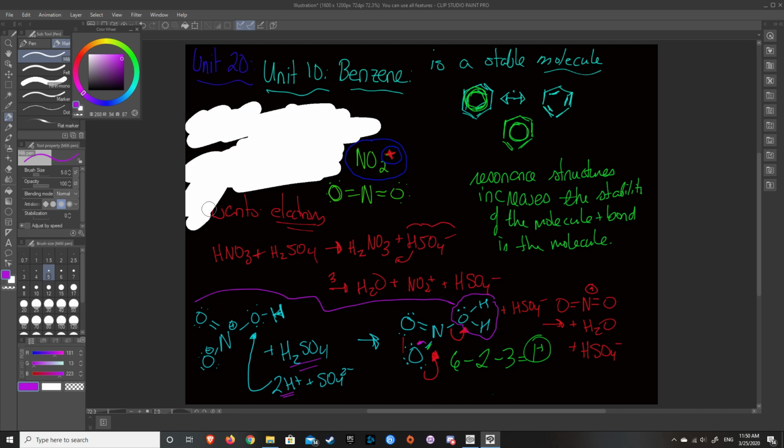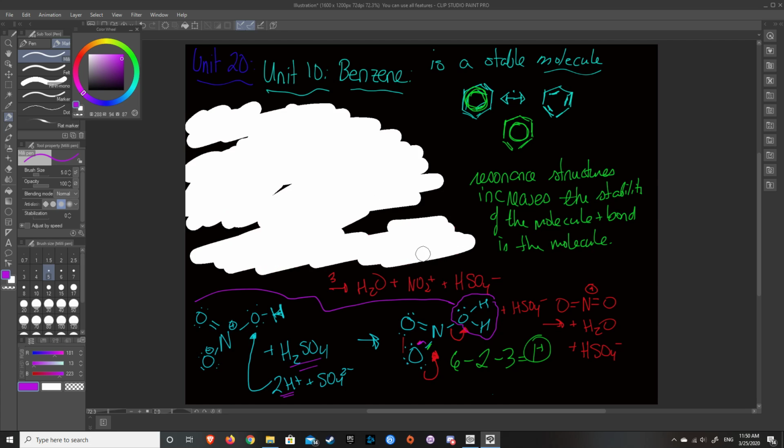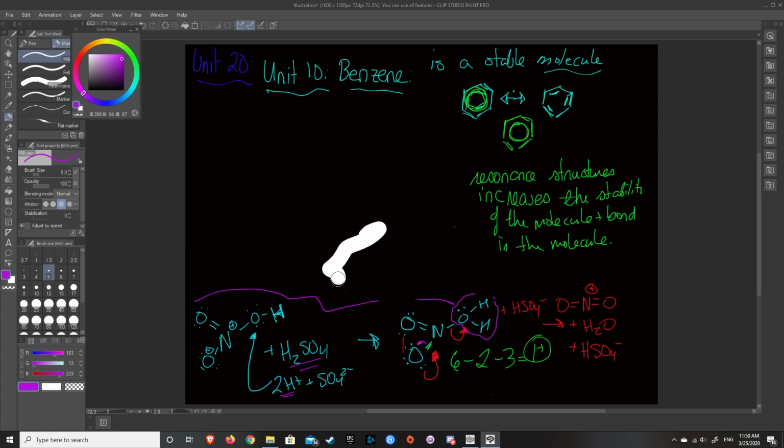Okay, so then we're going to show how this happens with benzene. Give me a second just to erase it, and then let's show you how this reacts with benzene. Let's draw our benzene molecule up here. There's our benzene molecule, and let's just form it as if these are set bonds.